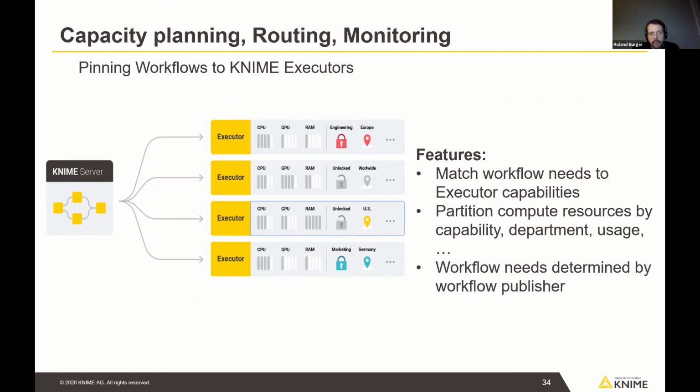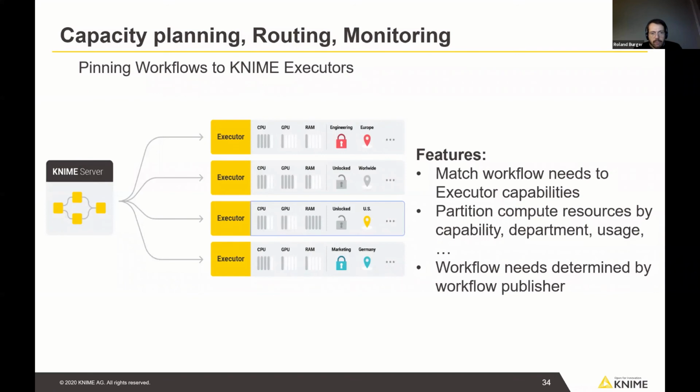Or you have a workflow that needs tons of memory, and by setting those requirements, you can make sure that it gets sent to an executor with an appropriate amount of memory, so you don't drown an executor under your workload because it doesn't have sufficient memory.